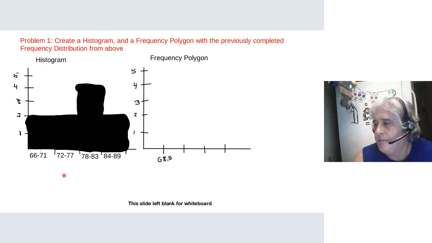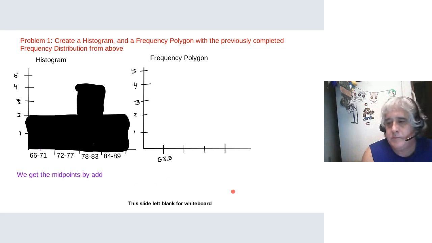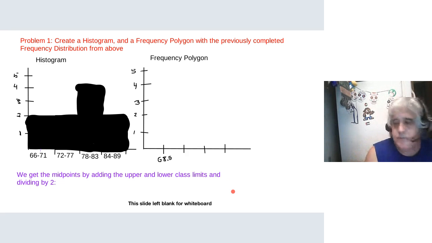And how do we get that? For the first one, 66 plus 71 is equal to 137, divided by 2, which is equal to 68.5.